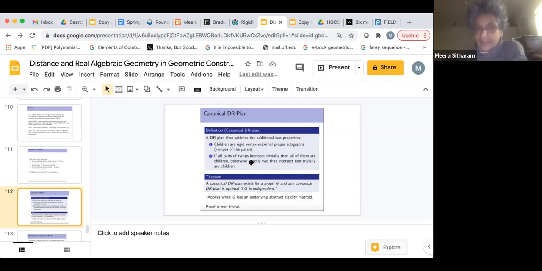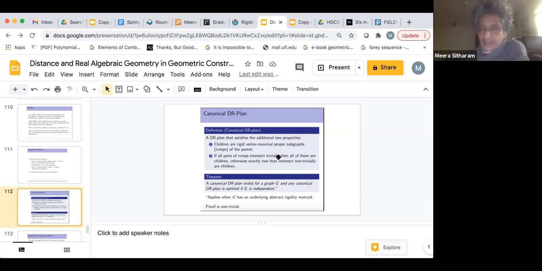And then the second thing basically comes from the abstract rigidity matroid condition. It talks about the pairwise intersections between these rumps. So if all pairs of them intersect trivially, meaning the size of their intersection is D minus 1 or fewer, right?